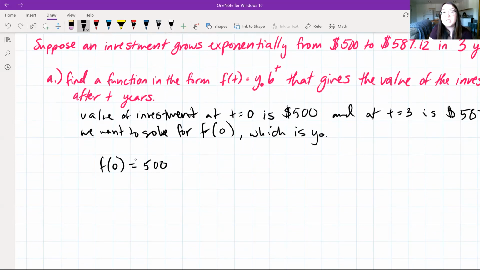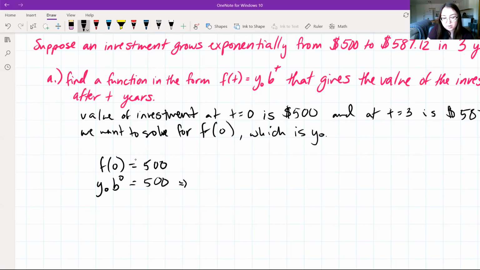If we have f of 0, that means that we have the equation y naught b to the 0 power is equal to 500, since f of t is y naught b to the t power, and we're replacing t with 0.